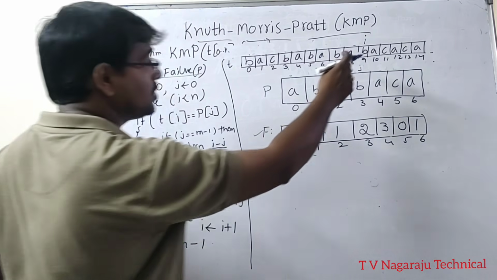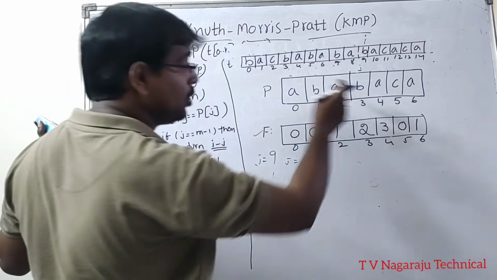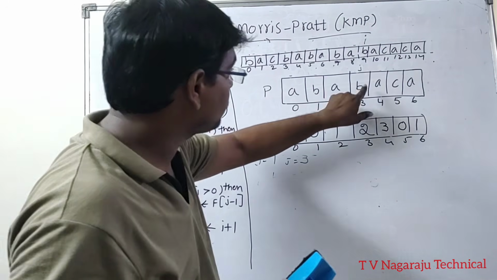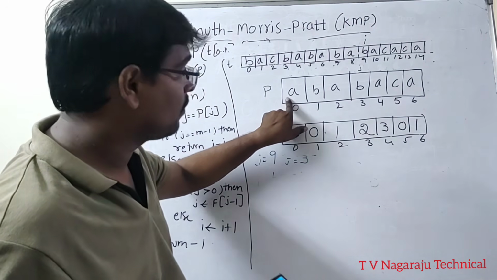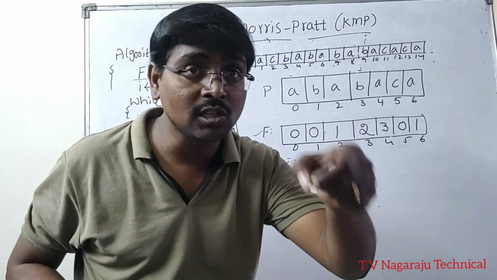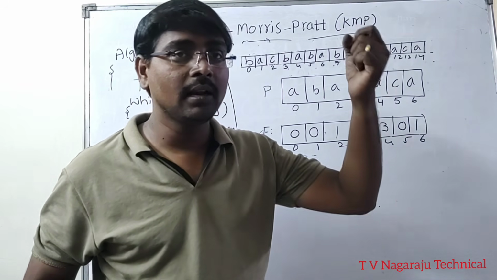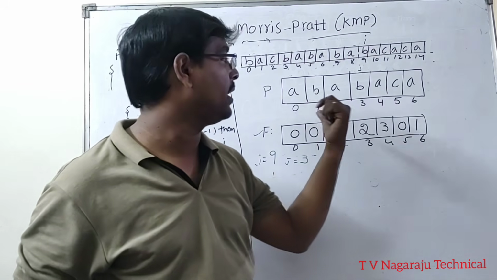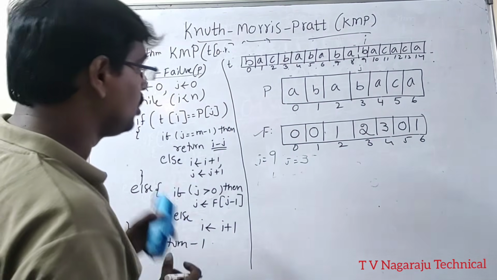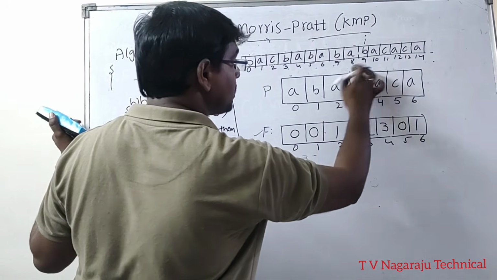Again do the comparison. B is equal to B. I think you got the point here. Instead of starting from the first onwards, once an element is involved in a comparison, the next time the already compared elements are avoided. That is my concept. B is equal to B. Yes, there is a match.